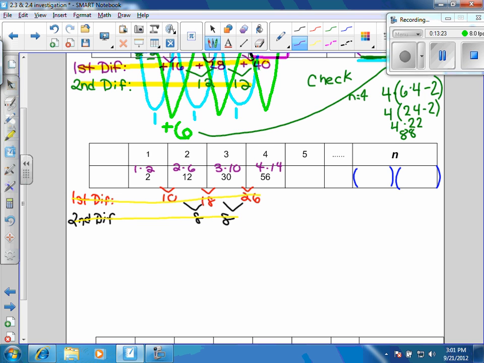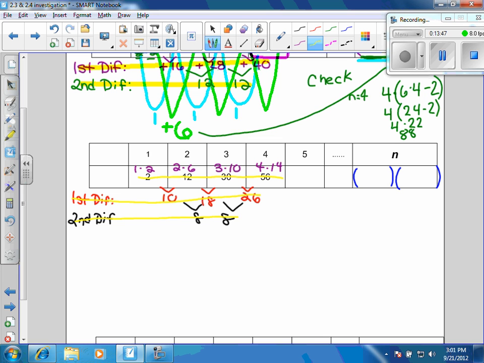Okay, got it? So now, by the way, once we have that multiplying pattern, we're not going to use these numbers anymore, because we have 30 written as 3 times 10. We're going to look at the pairs. That's why I keep crossing things out.